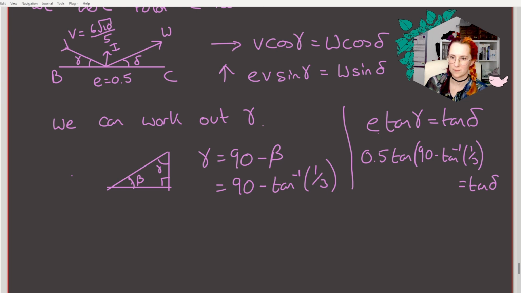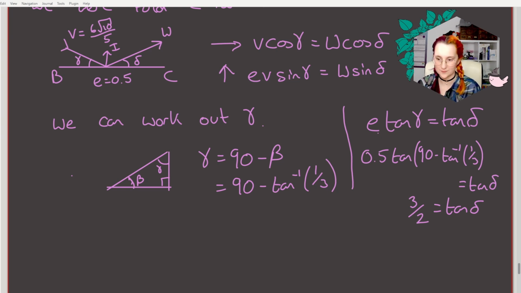Does this help us? Maybe. Who knows? Is that a nice value? 0.5 times tan of 90 minus arctan 1/3. Ah! 3/2 is tan of delta. Well, that's really exciting.